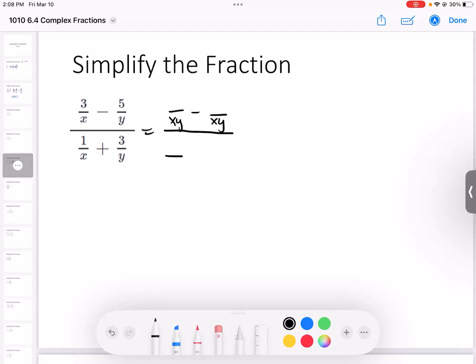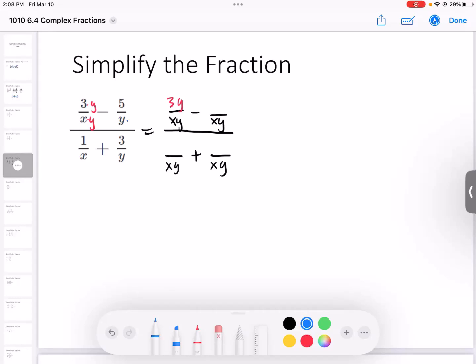We also need a common denominator in the bottom. What would that common denominator be? Yep, that will be XY as well. Okay, so now for this first fraction, if I want it to have a denominator of XY, I need to multiply by Y on the top and bottom, which gives me 3Y.